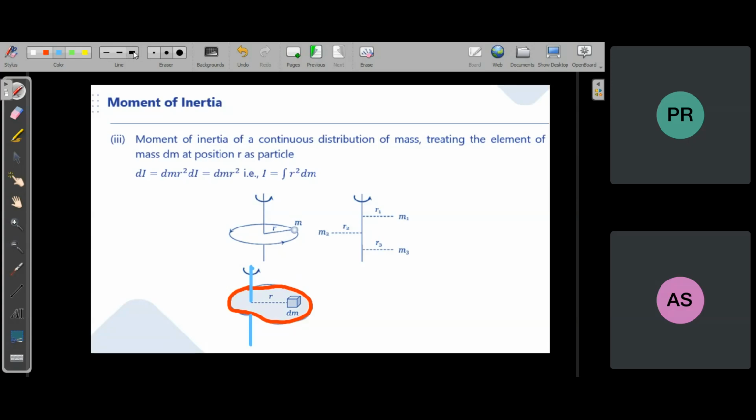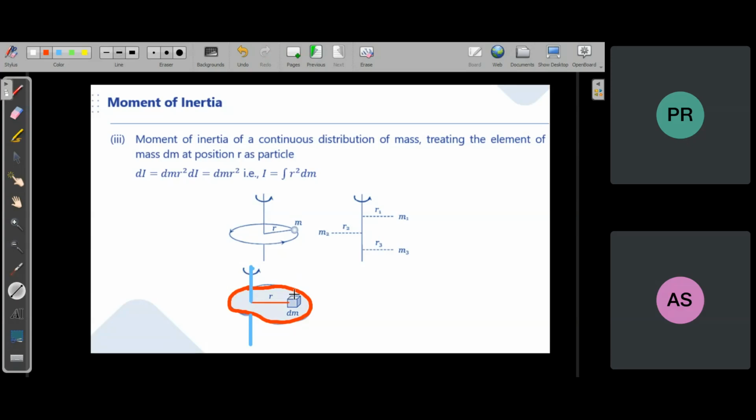So you can take a very small region in the body, an element of very small mass dm at a distance r. You can ignore the size of the element because it is very, very small, a small volume where delta v tends to zero.